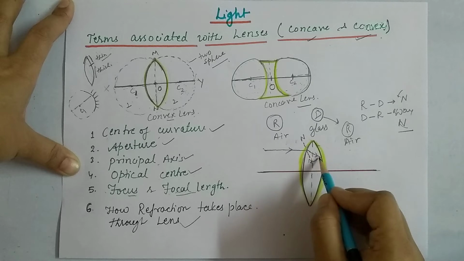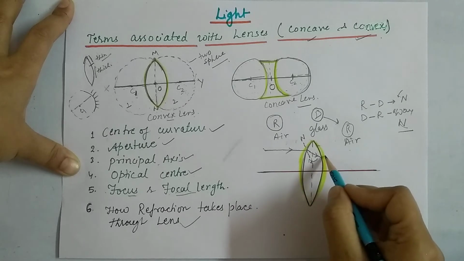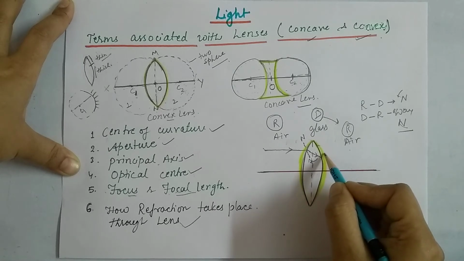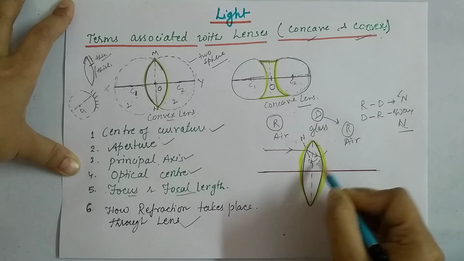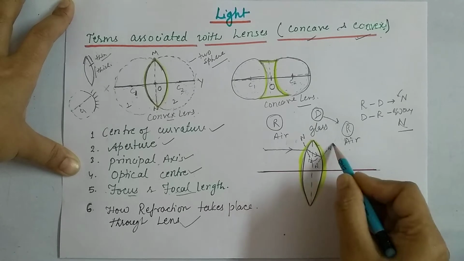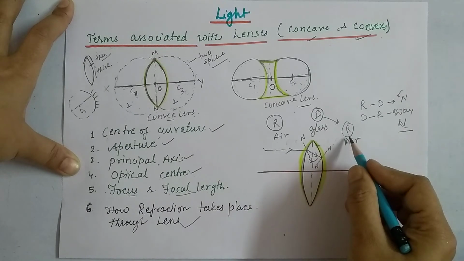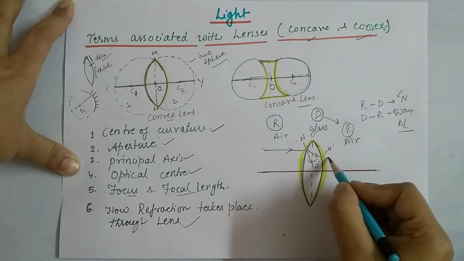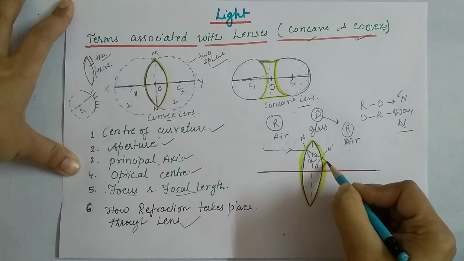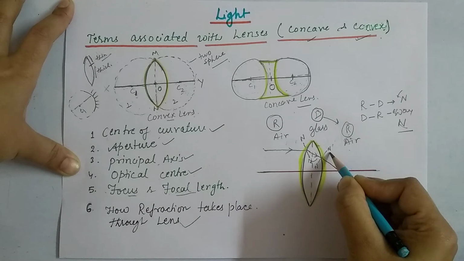So what happens? Again we will draw a normal here, as we always draw the normal as an imaginary line. If it moves from denser medium to rarer medium, then it moves away from the normal.